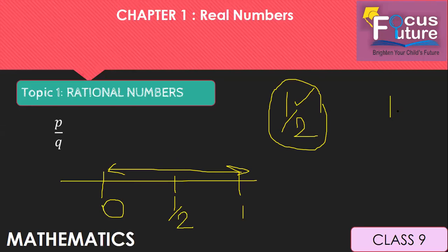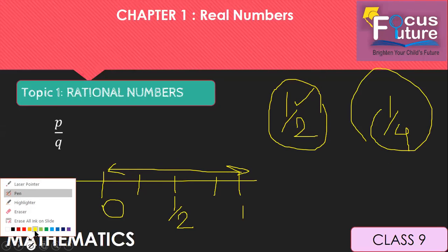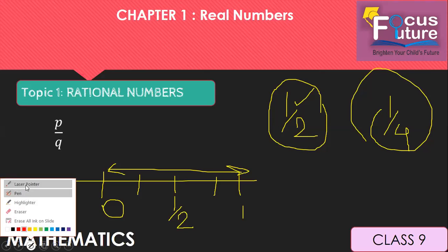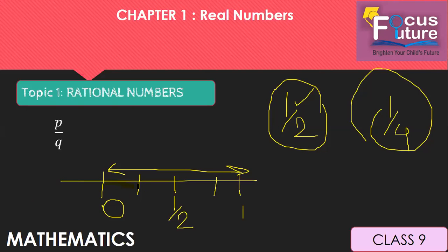If I have to place 1 by 4 in the number line, 1 by 4 means 1 is divided into 4 parts. So this area would be your first part. This area second part.